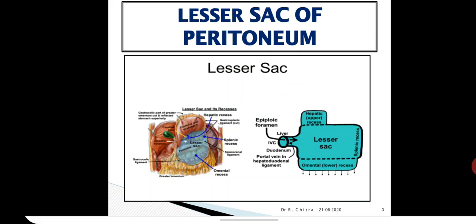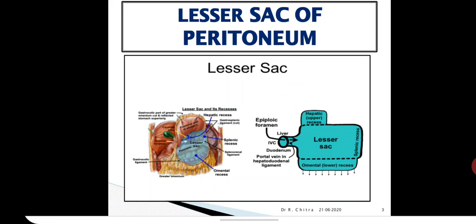Here the opening of the sac is situated at its right margin. What is that opening? Epiploic foramen. So that is the shape of the lesser sac. So we have seen the situation, other name and the shape of the lesser sac.